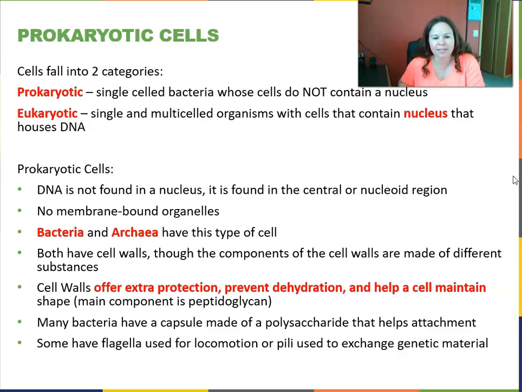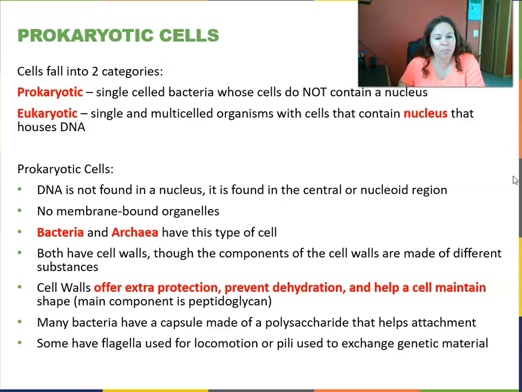So prokaryotic cells are single-celled organisms, not all single-celled organisms though, but single-celled organisms including different types of bacteria. And the main thing about prokaryotic cells is that they do not contain a nucleus. In fact, the Latin meaning of the word prokaryote means before the nucleus.